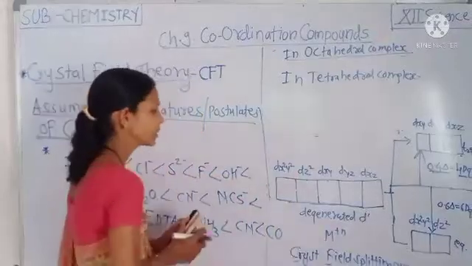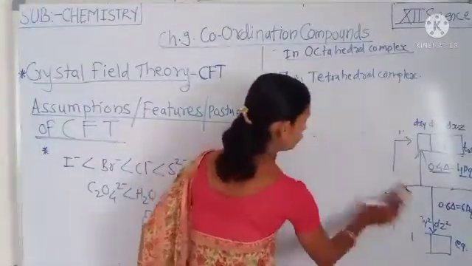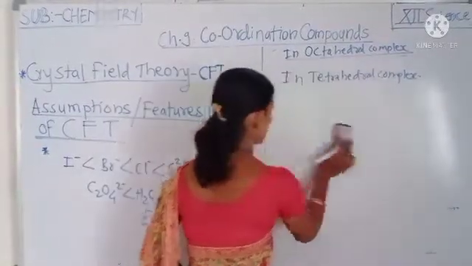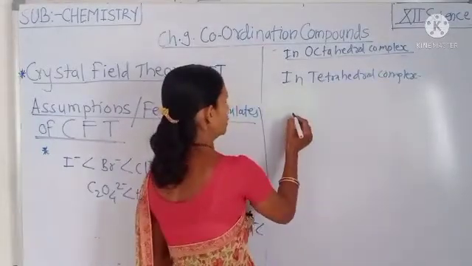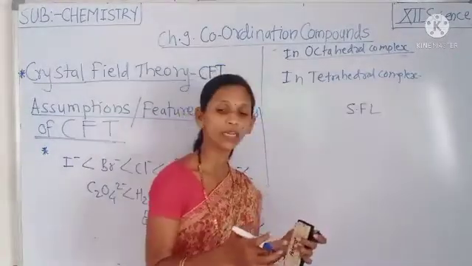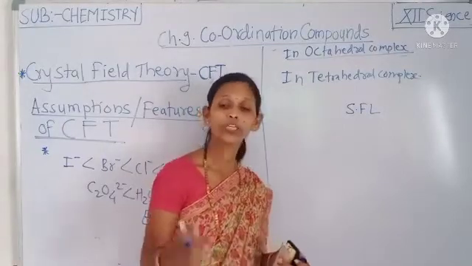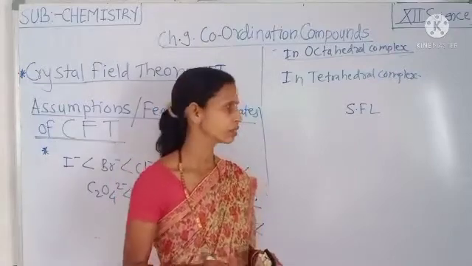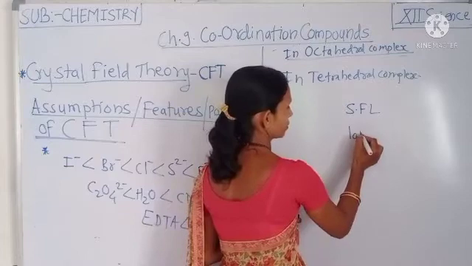If strong field ligands approach the central metal ion, larger splitting of the d orbitals takes place, which favors the pairing of electrons and forms a low spin complex.